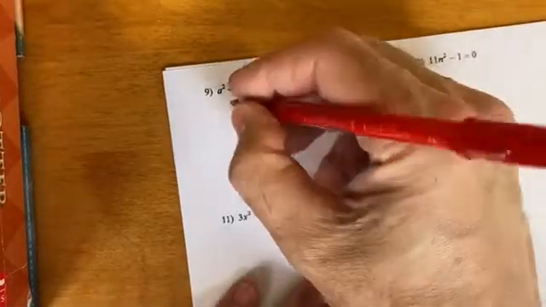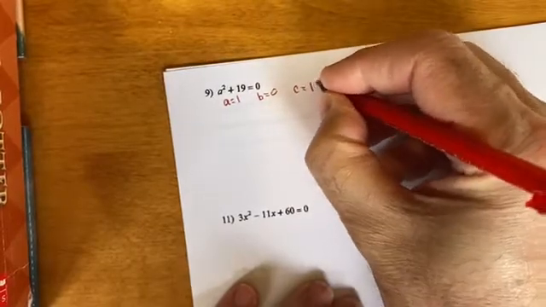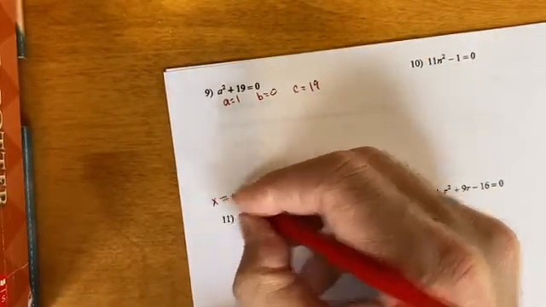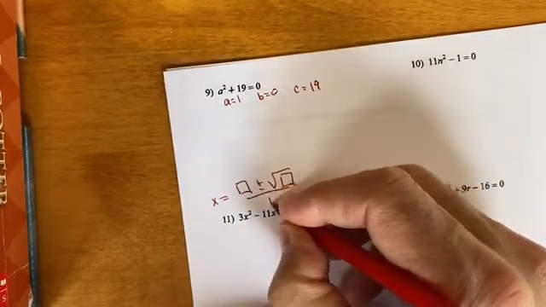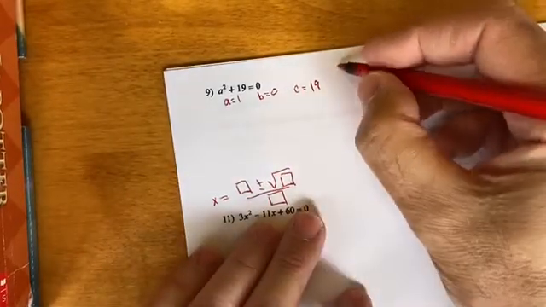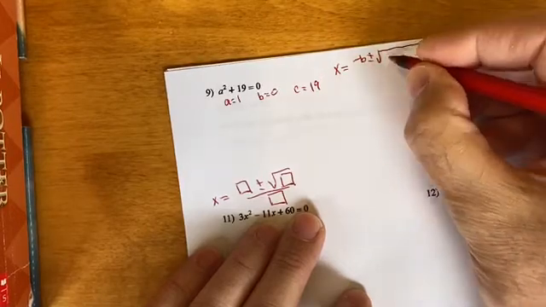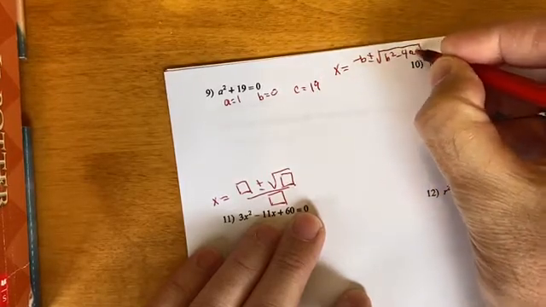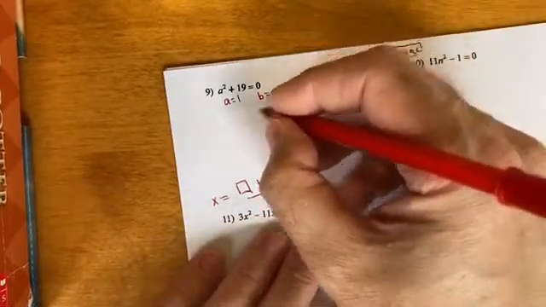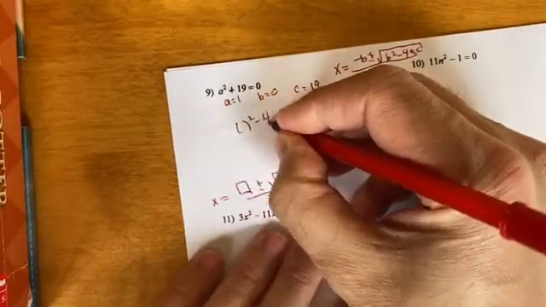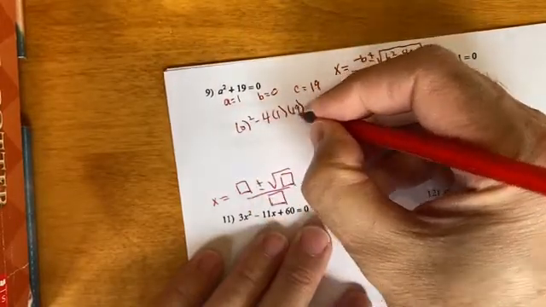Now, number 9. A is 1, B is 0, C is 19. So x equals some number plus or minus the square root of some number all over some number. We're going to find this one because x equals negative b plus or minus the square root of b squared minus 4ac all over 2a. So we're going to find b squared minus 4ac. B is 0, a is 1, c is 19.